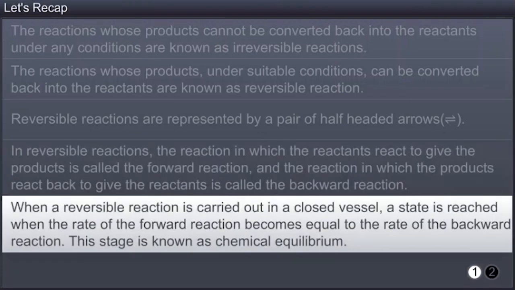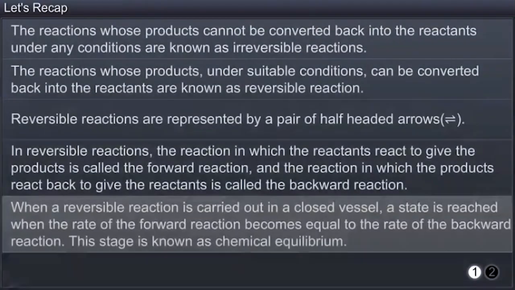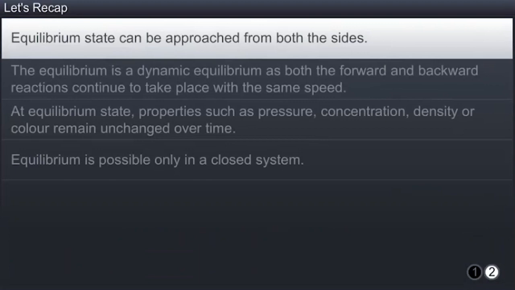When a reversible reaction is carried out in a closed vessel, a state is reached when the rate of the forward reaction becomes equal to the rate of the backward reaction. This stage is known as chemical equilibrium. Equilibrium state can be approached from both the sides.